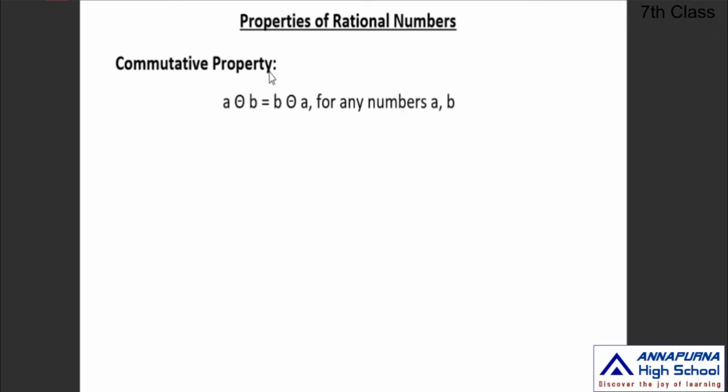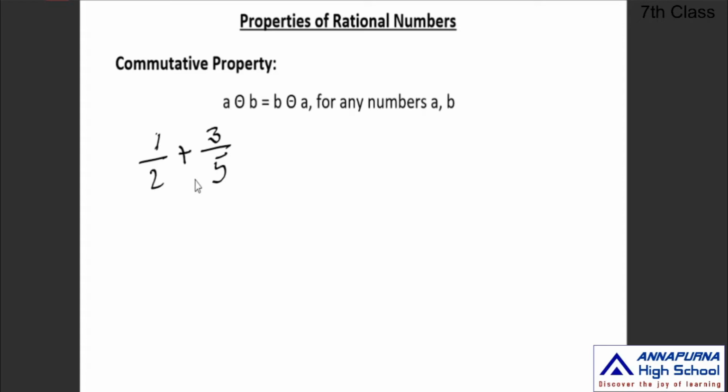Okay, let us do that. First we choose any two rational numbers from the collection of rational numbers. Here I have taken 1 by 2 and 3 by 5, and the fundamental operation is addition.